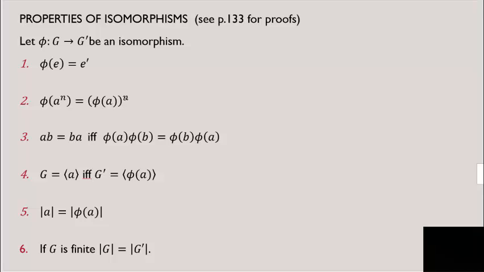Powers of A map to the same power of phi of A. If elements commute in G, their images commute in G prime. If G is cyclic generated by A, G prime is cyclic generated by phi of A. The order of A is the same as the order of its image, and if the two groups are finite, they have the same number of elements.